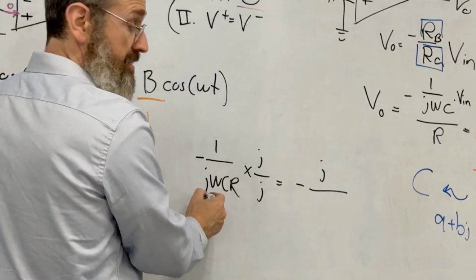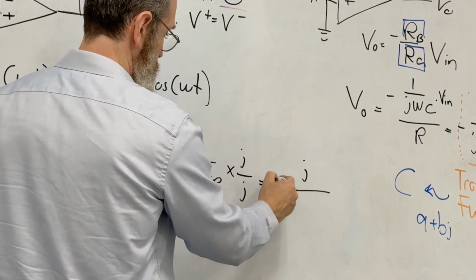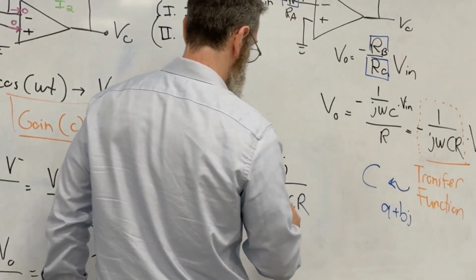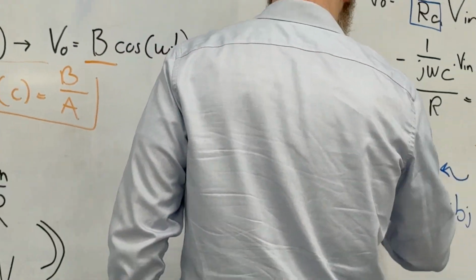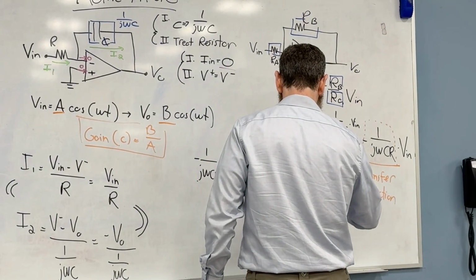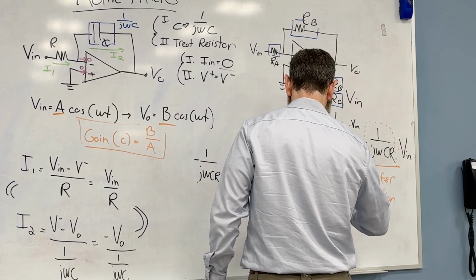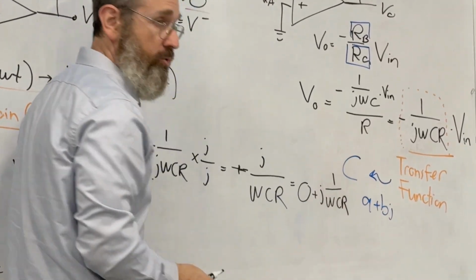A negative. And that negative is actually going to cancel this negative. Turns out it won't matter, but anyways, it'll be J, W, C, R, right? Or if you want to write it even more explicitly, this is going to be 0 plus J times 1 over WCR. I wrote it this way just so you can see it, that it's in this form, right?